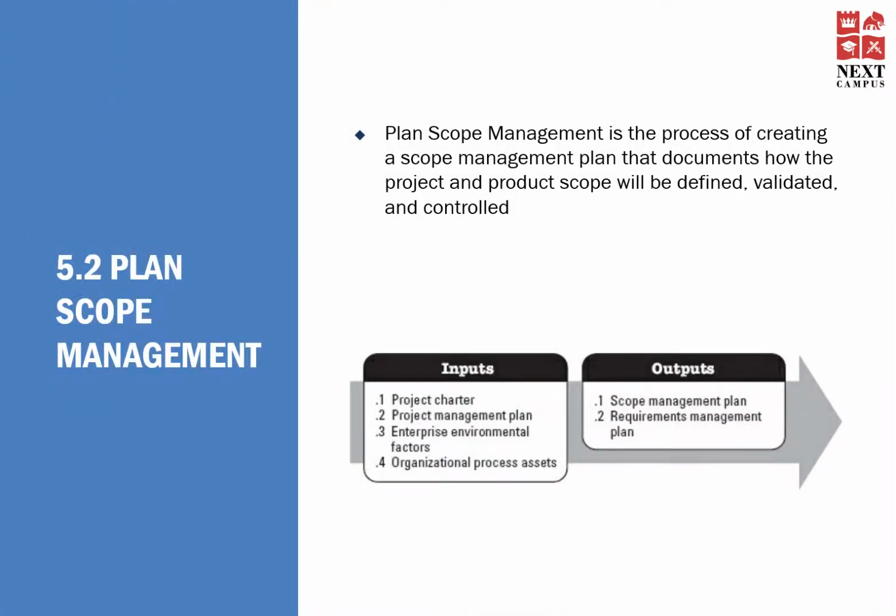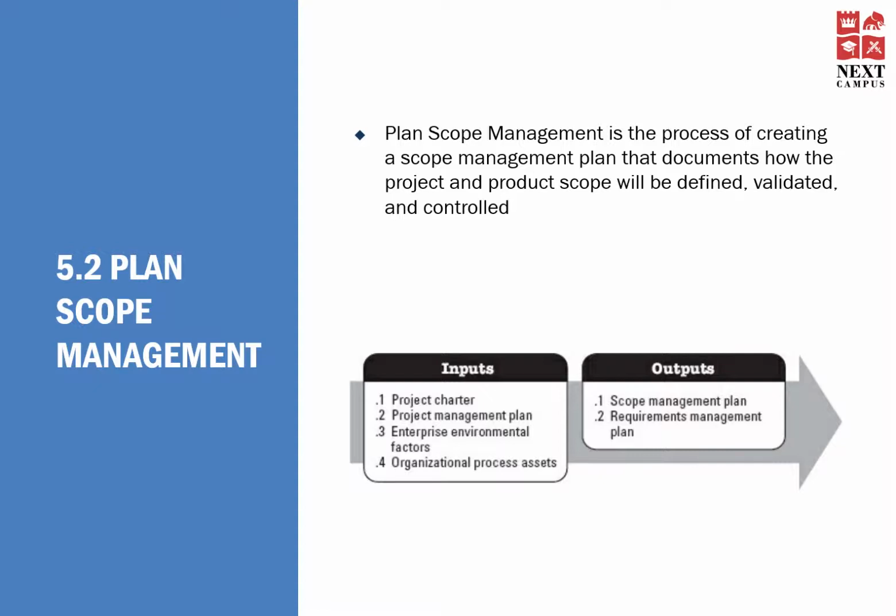The second thing that you do is plan scope management. Plan scope management is a process of creating a scope management plan that documents how the project and project scope will be defined, validated, and controlled.